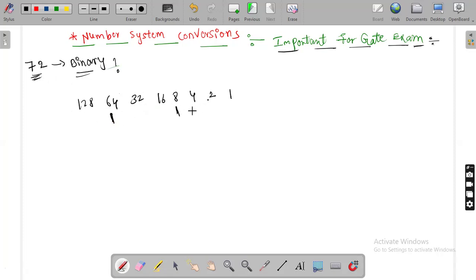You had 8 rupees and you spent 8 rupees. Is anything pending? No. So you successfully completed the binary of 72. Then for the remaining numbers, simply keep zeros. This is the binary for 72, the decimal 72 in terms of binary.